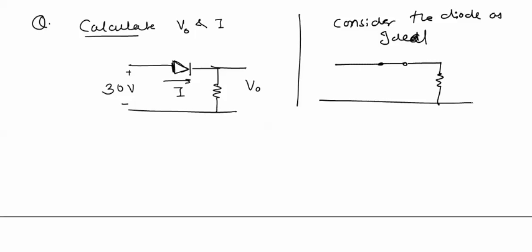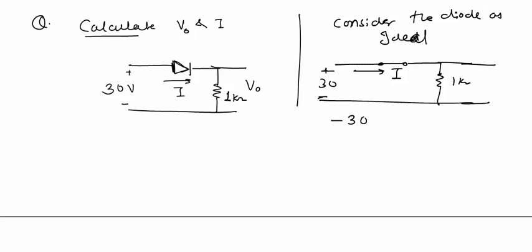In the circuit, it is clearly seen that this diode is forward biased, so it will be replaced with a short circuit, and this resistance is 1 kilo ohm. So I can calculate the current through the diode I by applying the KVL.